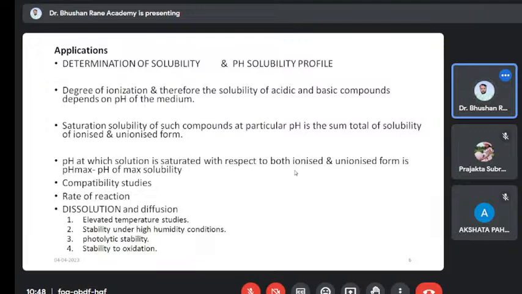If drug A is there and another drug B is there, and A and B interact in a reaction chamber or vessel, and after 30 minutes, 1 hour, 2 hours you pull a sample from the reaction vessel, you can identify the formation of a new product. Suppose the lambda max of A is 230, the lambda max of B is 250 nanometer, and the product to be formed, C, has a lambda max of 300 nanometer.